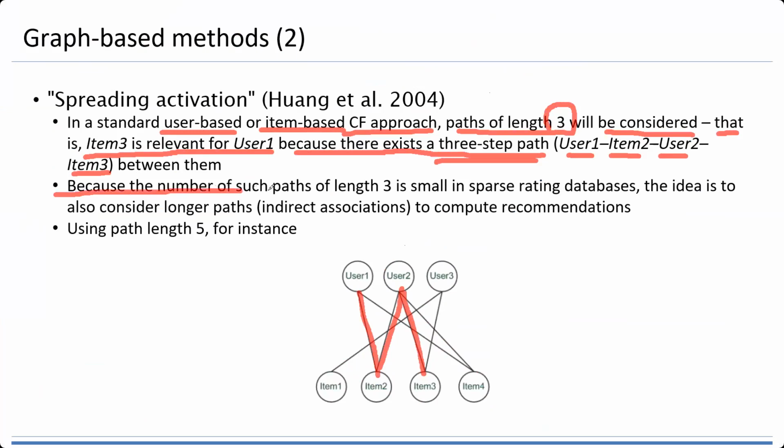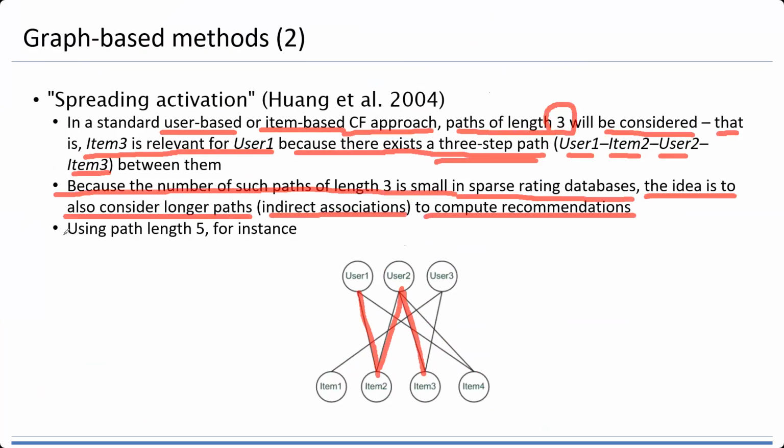Because the number of paths of length 3 is small in a sparse rating database, the idea is to also consider longer paths. Longer paths mean indirect association, so there is no direct association to compute the recommendation.